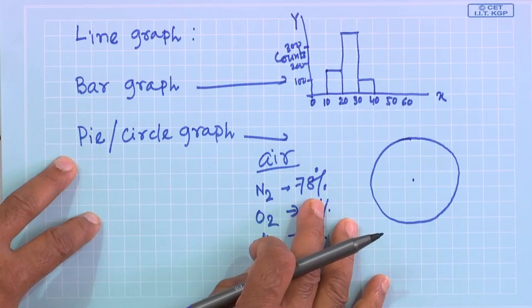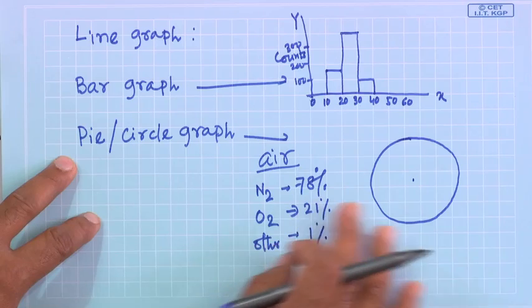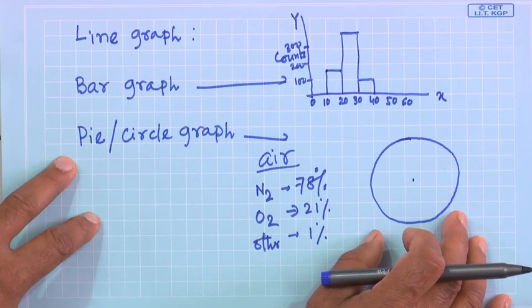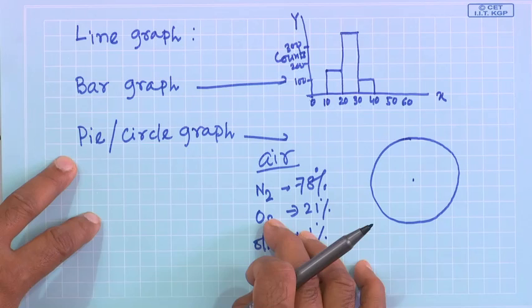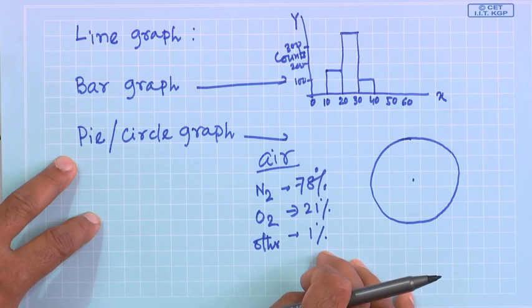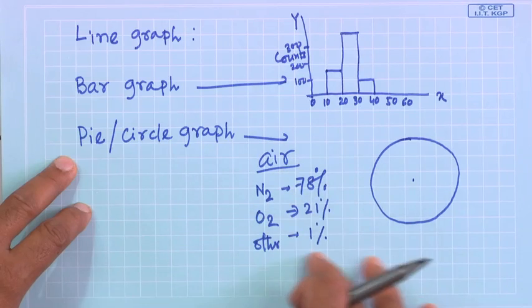So, 70% area we will use for representing nitrogen, 21% area we will use to represent oxygen, and for the others, 1% area we will use. So, the total is 100.